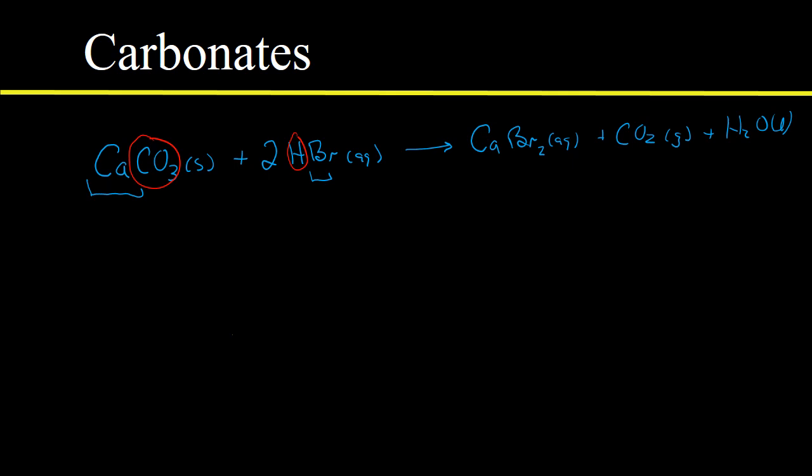Right. You get the same pattern anytime you react a carbonate. You're going to get some kind of a salt. As before, you're going to get CO2 and you're going to get water. Okay. And we can write total ionic and net ionic equations for this. The calcium carbonate is a solid, so we'll keep that together.